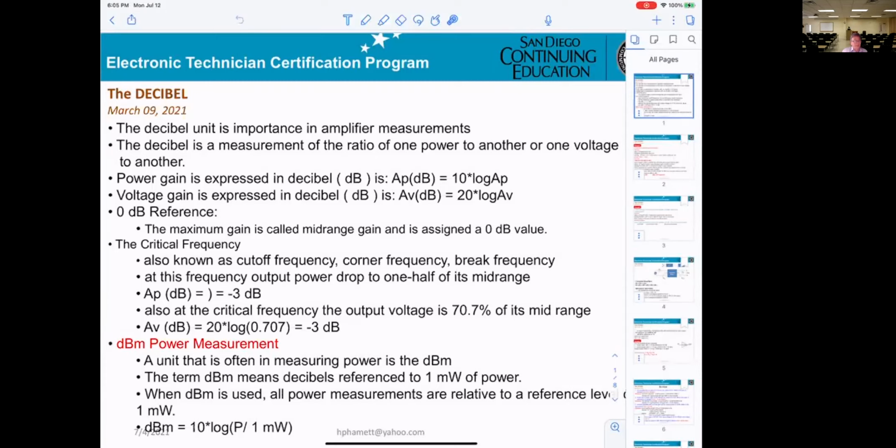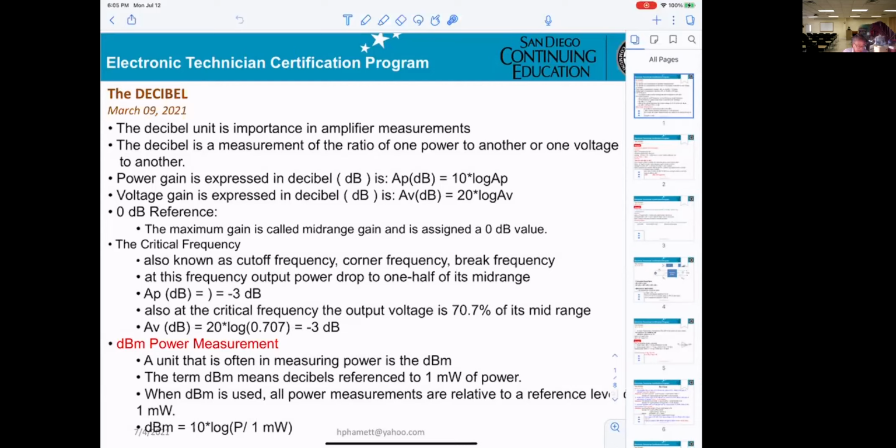That means the ratio between the output power to the input power, output voltage to the input voltage, and output current to the input current.